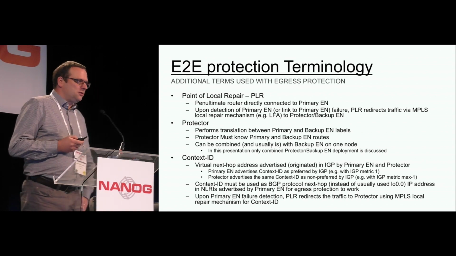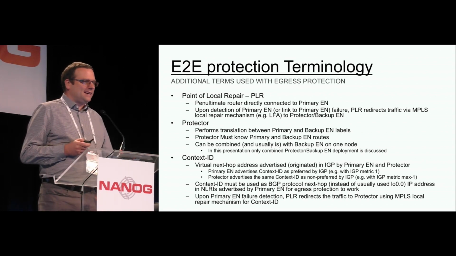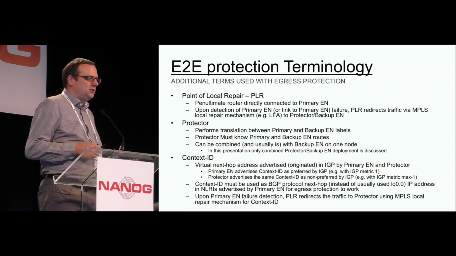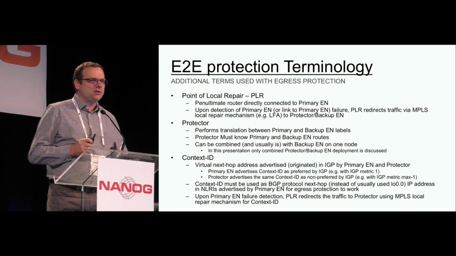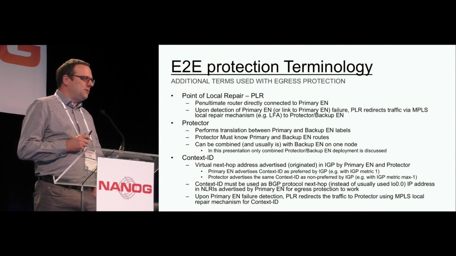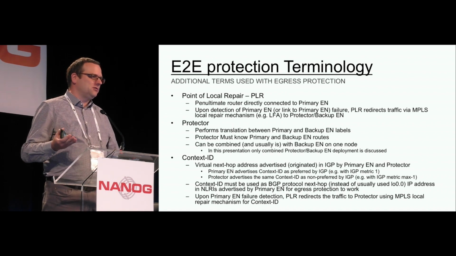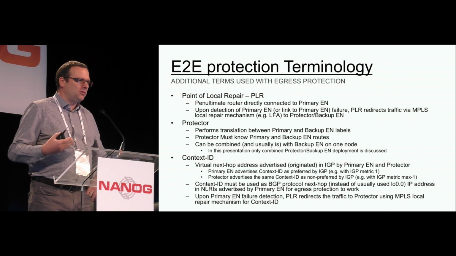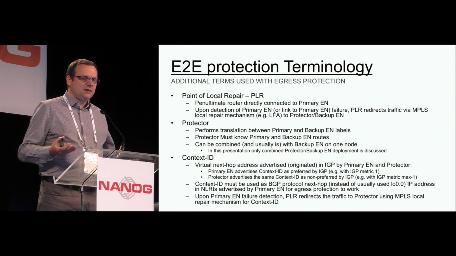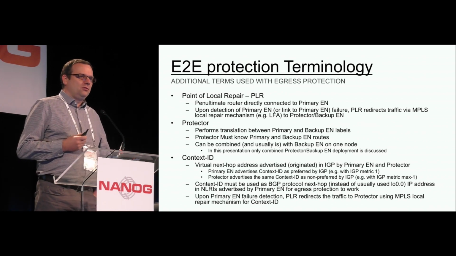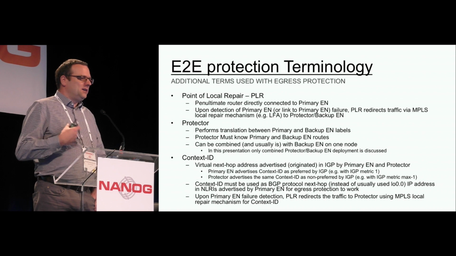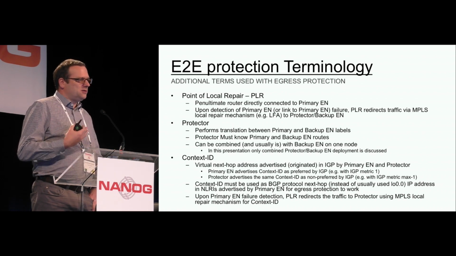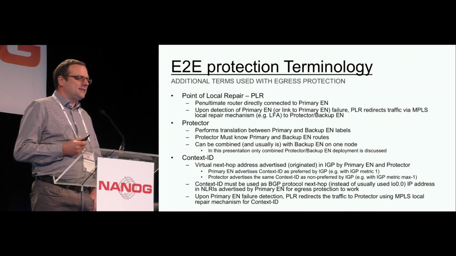What we introduce here is something called the context ID. We could imagine the context ID as some kind of virtual loopback that is used as the BGP next hop when the VPN prefixes or the service prefixes are advertised. Normally, when we advertise the service prefix, we use a loopback. Here, instead of using a loopback, we use this kind of virtual loopback, which we call the context ID.